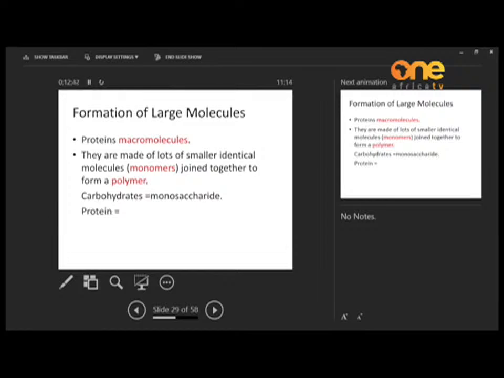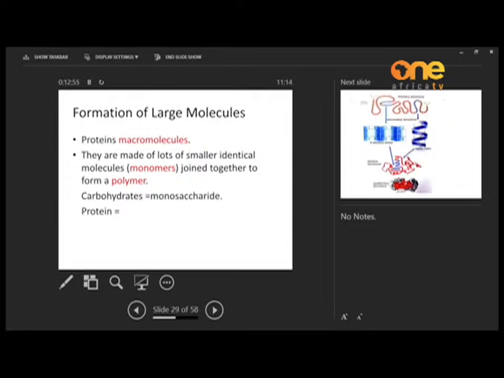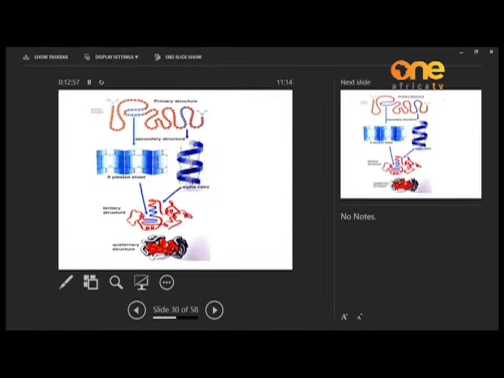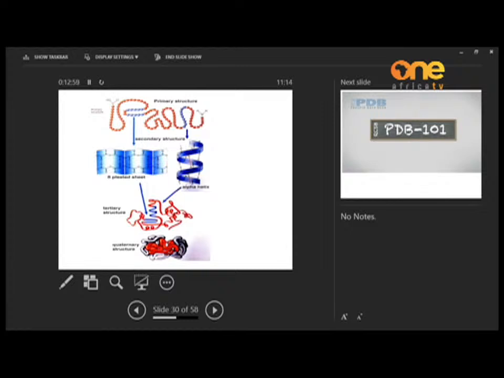The one that I can link to build a protein? Amino acid. The amino acid will form the smallest building block. If I link them together, I can end up by building a protein.